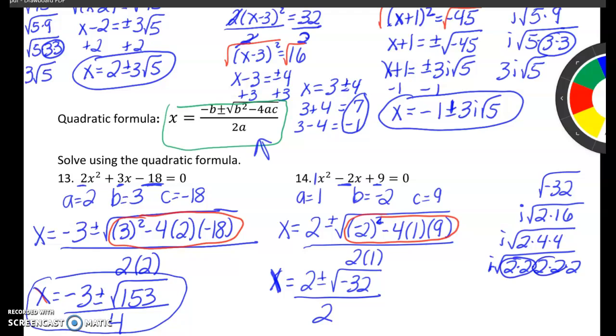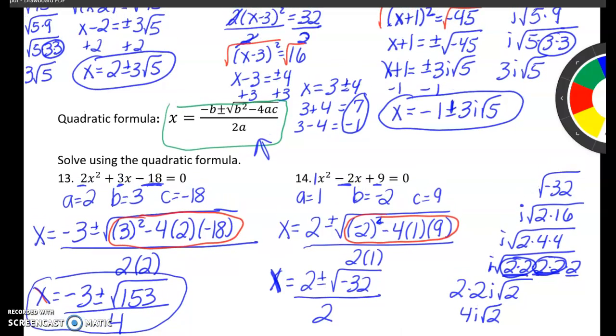So there's a pair, and there's a pair. So when each one of those moves out, it becomes 1. So I get 1 2 outside for here, and I get another 2 outside for here. I have the i, and then this 2 right here is single, so it stays home. So this becomes 4i square root of 2.